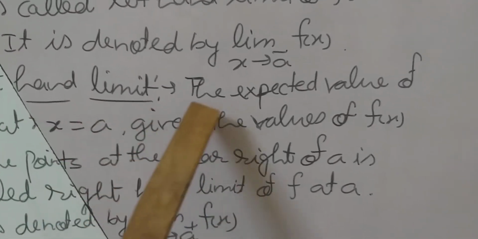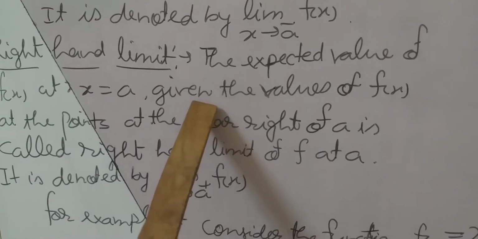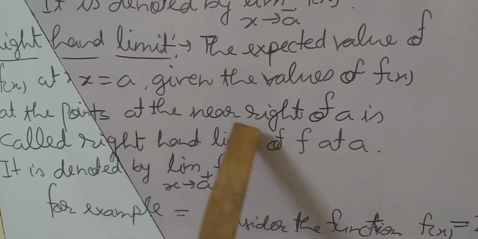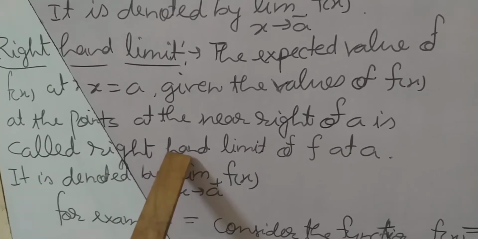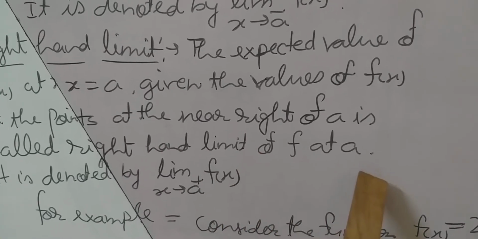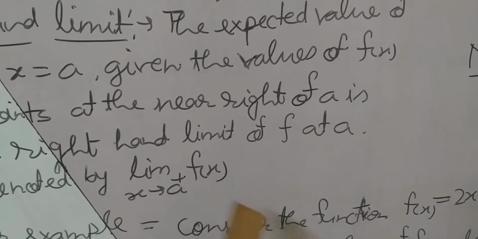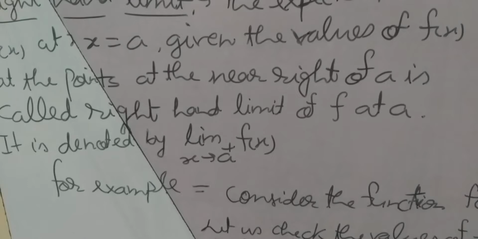Right hand limit: the expected value of f(x) at x equal to a given the values of f(x) at the points near the right of a is called right hand limit of f at a, and it is denoted by limit x tends to a plus f(x).